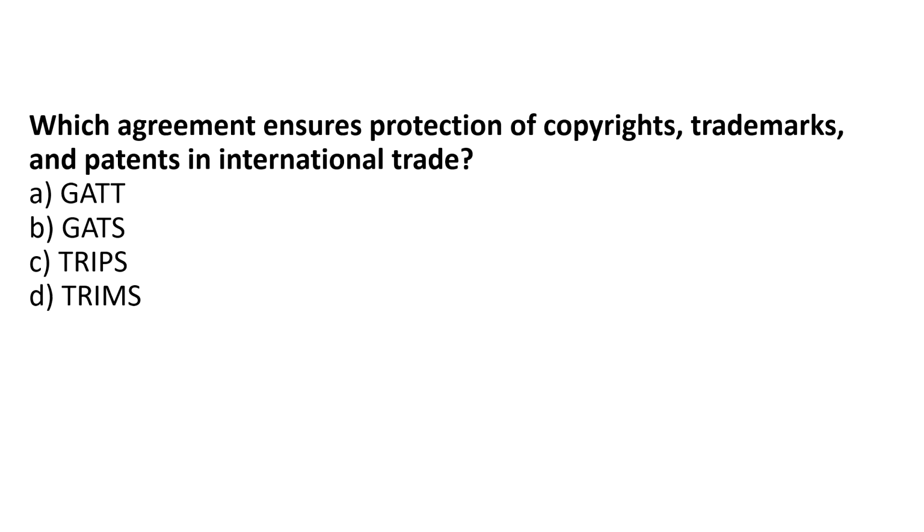Next, which agreement ensures protection of copyright, trademark and patent in international trade? There is a direct answer: it is TRIPS. GATT is related to tariffs, barriers and goods. GATS is related to services.